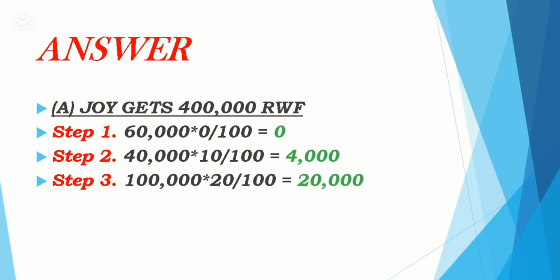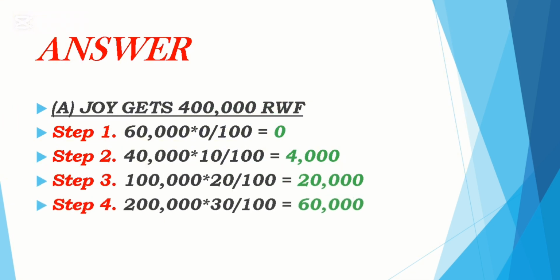You know, Joy earns 400,000. So we are going to take 400,000 minus 200,000 and we are going to get 200,000 times now 30%, which is 60,000.